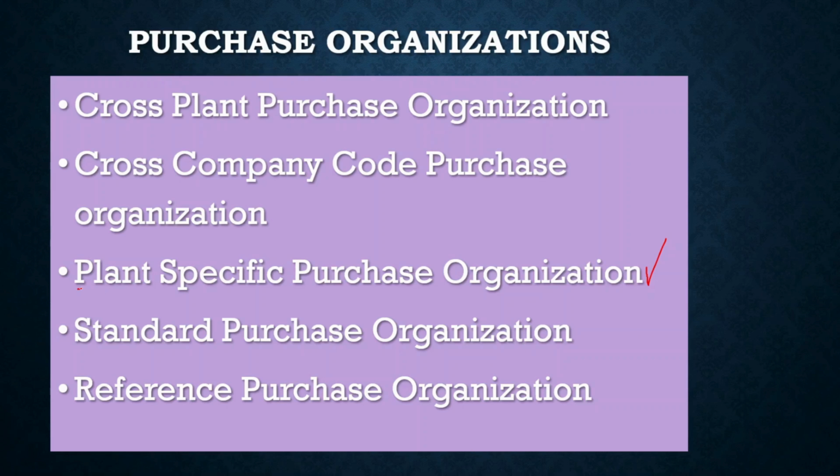As the name itself mentions, whenever you are not getting something, just read from the back instead of from start to end. Read from end to start: organization purchase specific plant. That means the purchase organization that's specific for plant only, that's a plant specific.